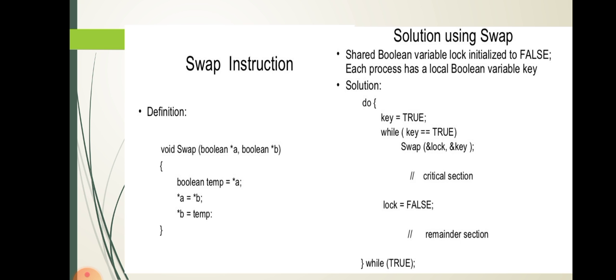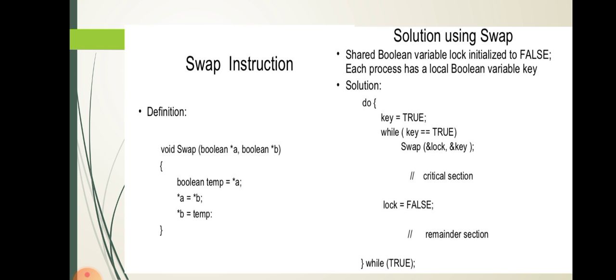Swap is nothing but a function name, and here we have taken two pointer variables a and b, of boolean data type, because the lock value should be either 0 or 1. Temporarily we assign the address of a to the temporary variable, similarly we set the b address to a, and similarly b to temp.